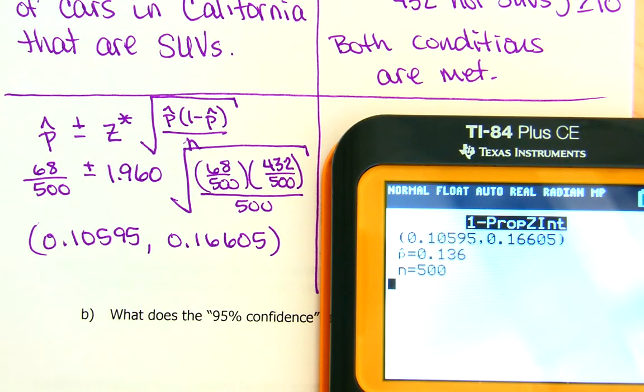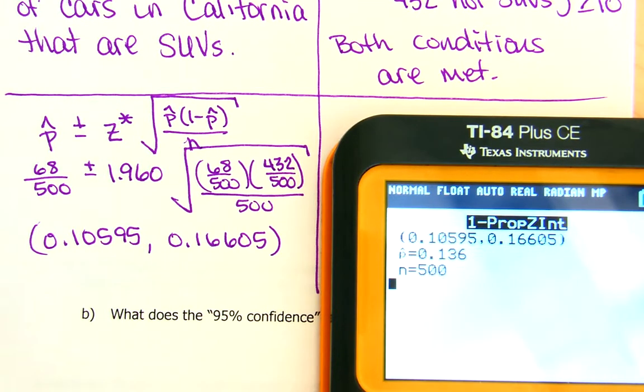What's the 0.836? That's p hat as a decimal. That's the 68 over 500 as a decimal. Anyone else questions on the math process?